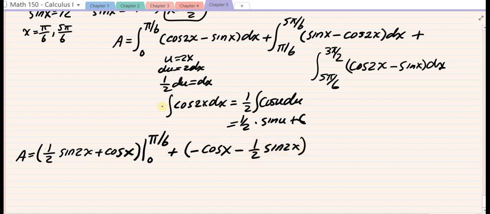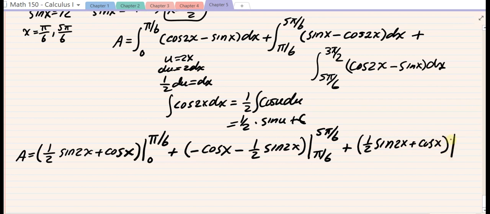We just did cosine 2x right up here. Evaluated from pi over 6 to 5 pi over 6. And then plus the last portion, which is 1/2 sine 2x plus cosine x, and that's evaluated from 5 pi over 6 to 3 pi over 2. There.